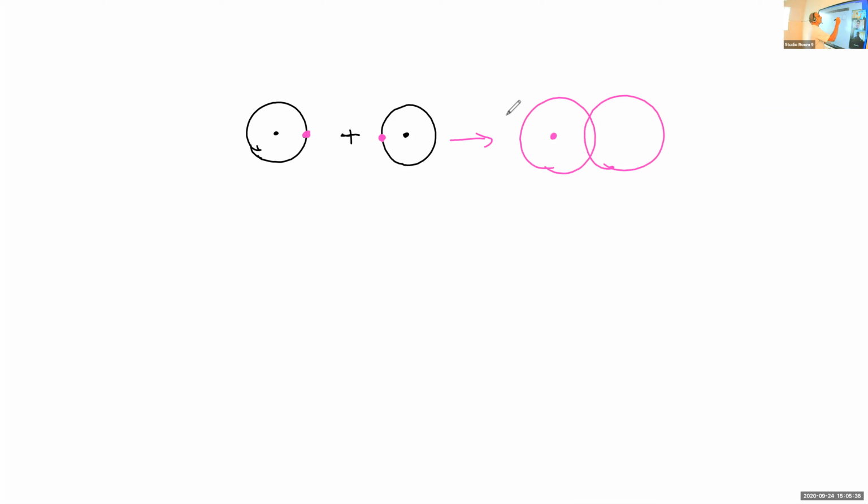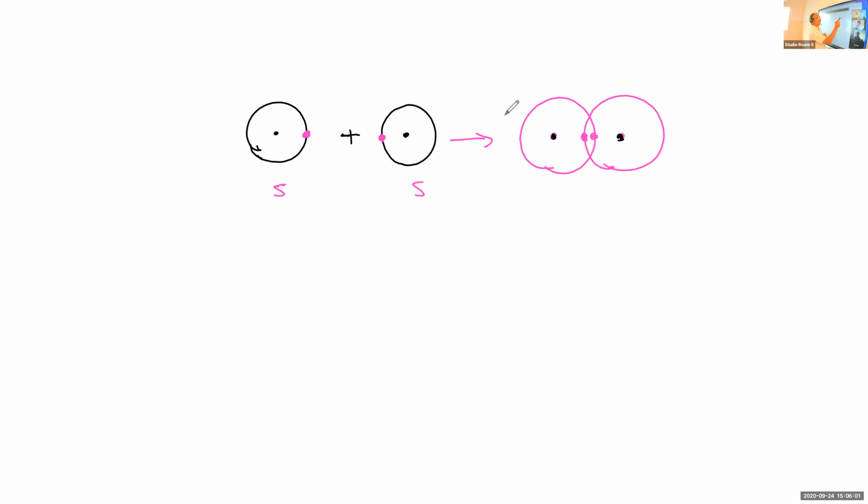Here there is the nucleus of the two atoms. And here we have the electron pairs between them. So there is merging of the s orbitals. This is an s orbital, another s orbital, and they are merging together.